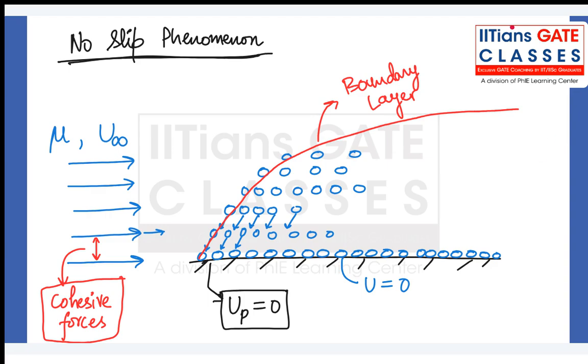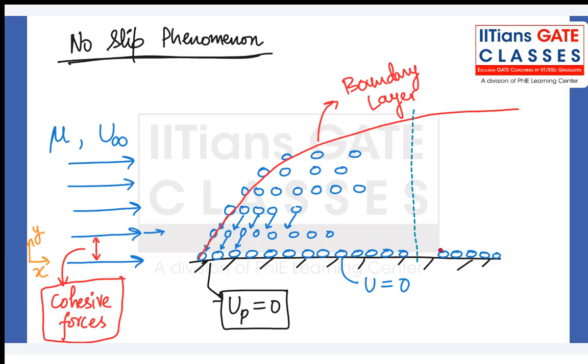Now let me take some space here. I will take a section. Let us take this location. In this location, if I want to make the velocity profile, what does your velocity profile tell you? If I make the coordinate system, let us say this is X direction and vertically we have Y direction. If I move from Y equal to 0, that is from the plate, towards the boundary layer in the positive Y direction, how is the velocity of the fluid particles changing?